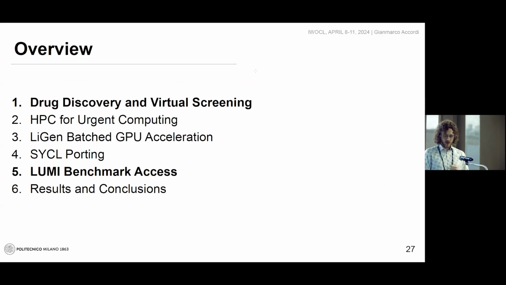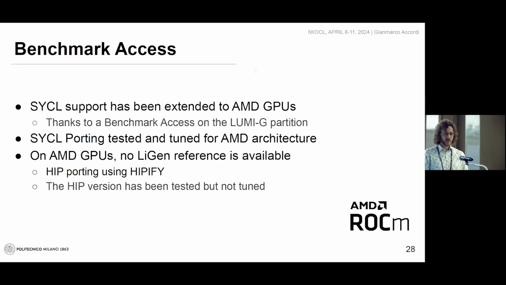So once we got our results with NVIDIA GPUs, we started to get support on AMD architectures. That happened on a benchmark access on LUMI-G, the GPU partition of LUMI, but we still didn't have any kind of reference.